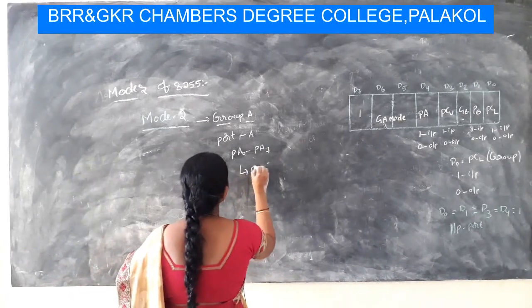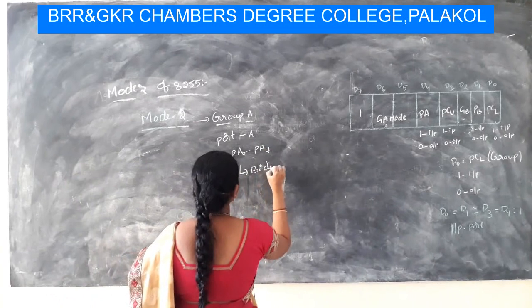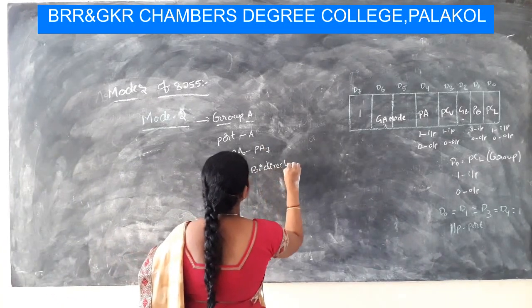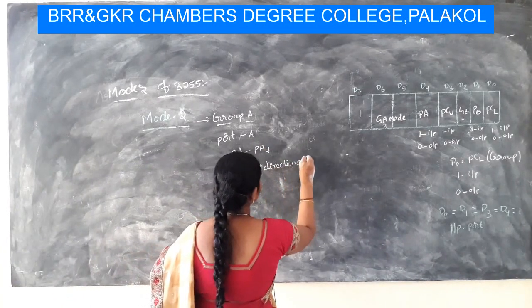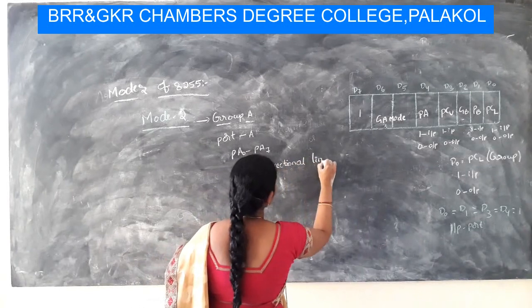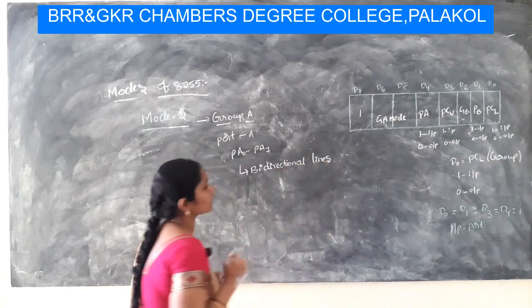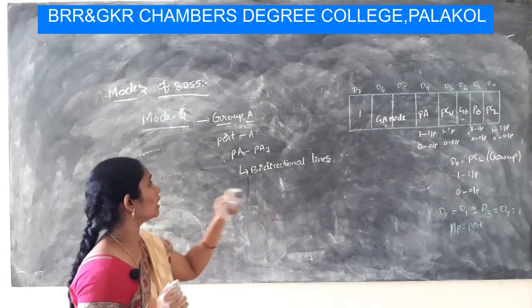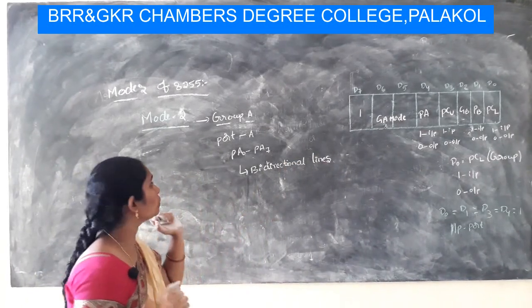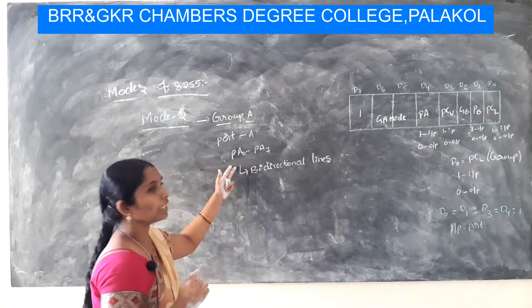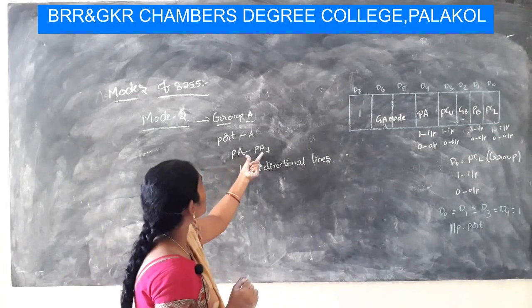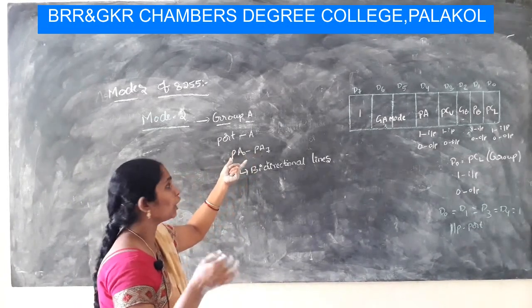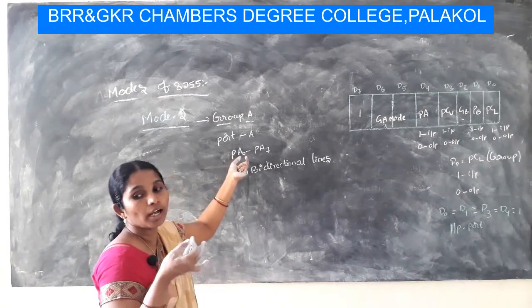Bidirectional means the same PA0 to PA7 lines are used as input and output lines.